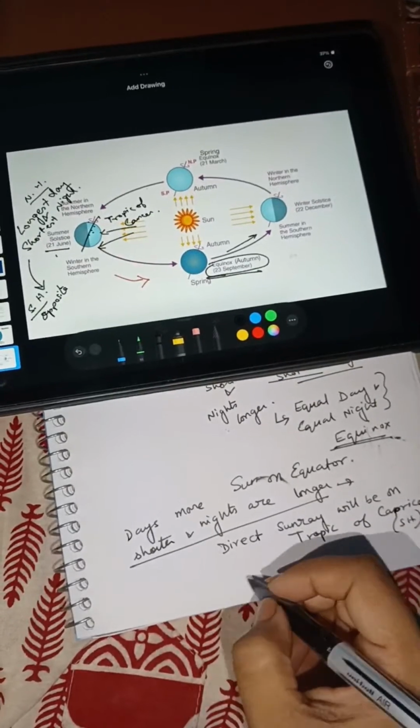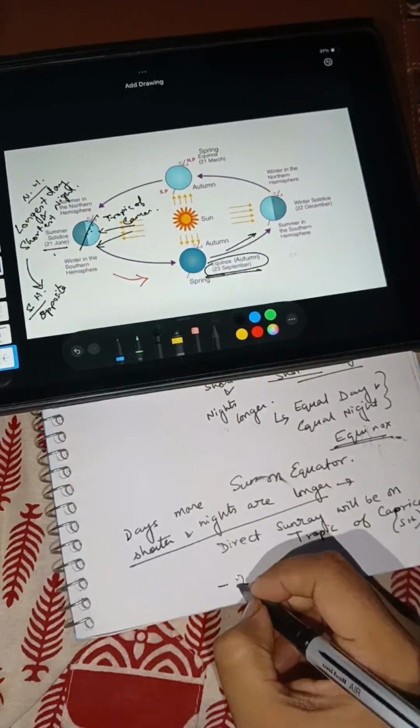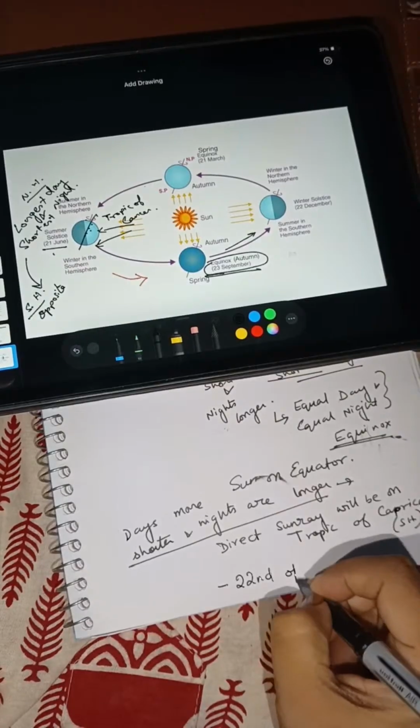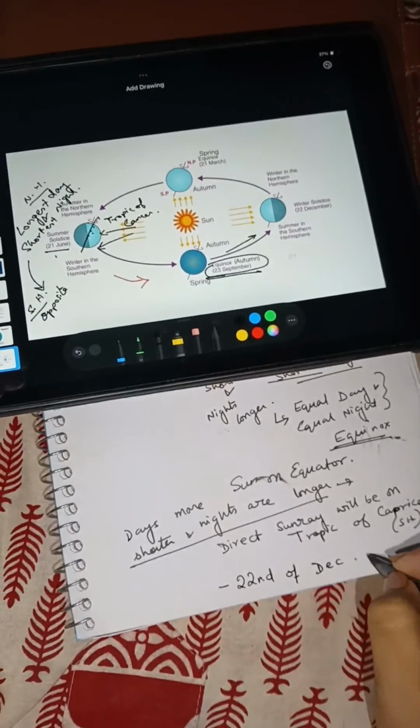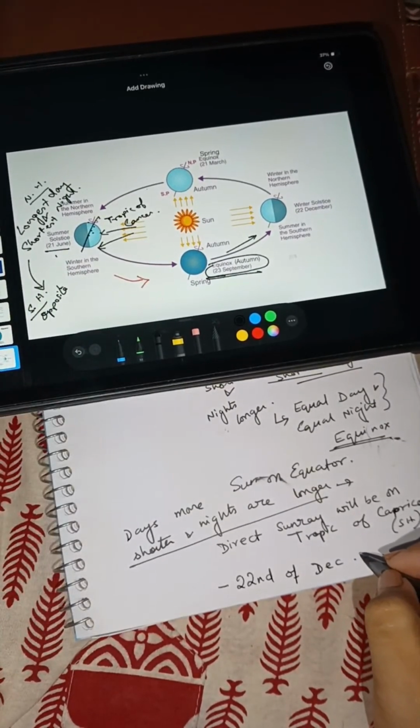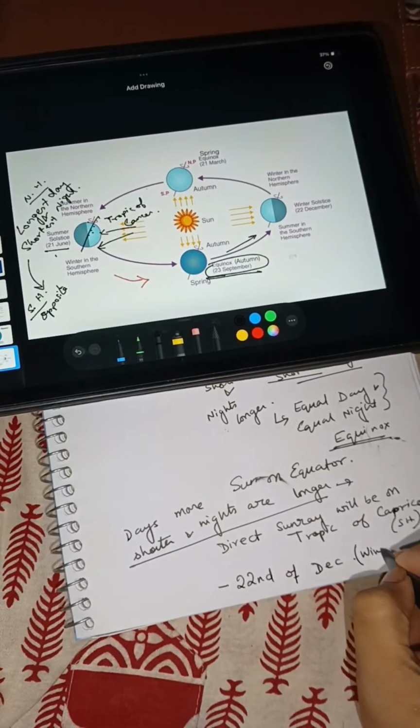This day is 22nd December, where in the northern hemisphere we get winter solstice.